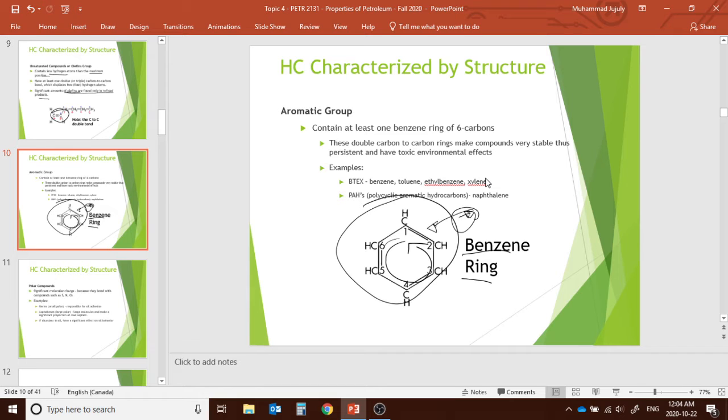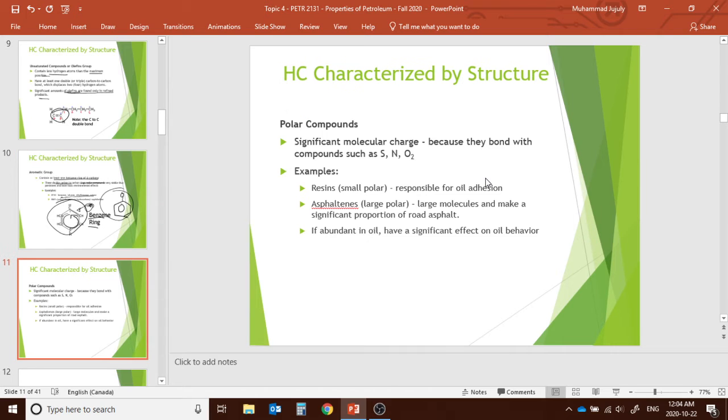It contains at least one benzene ring. There can be a benzene ring, and you can have toluene, xylene, or ethyl benzene. So there are lots of other types of aromatic groups in here.